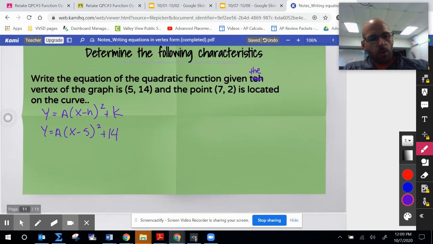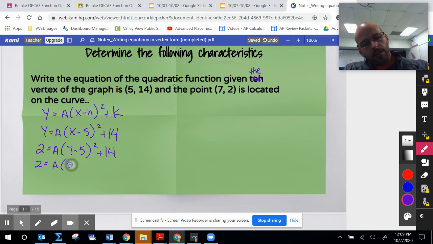I know my extra point is at 7, 2. So the y value is 2. The x value is 7. I'm going to simplify. So 7 minus 5 is 2 squared plus 14. 2 squared is 4a plus 14.